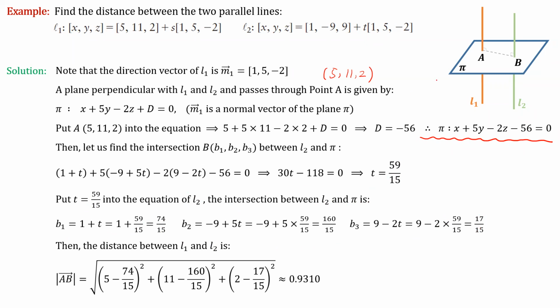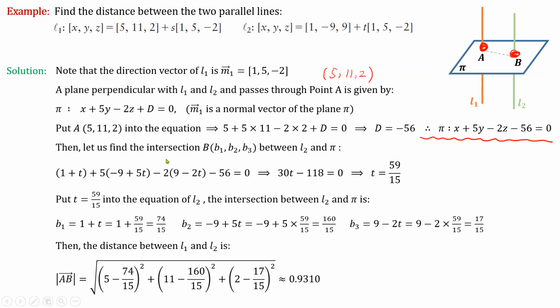Then if we know the coordinates of point A and point B, we can find the distance between L1 and L2, which is actually the magnitude of vector AB, given by the square root of the sum of the squared differences between the x, y, and z coordinates, which is approximately 0.9310.